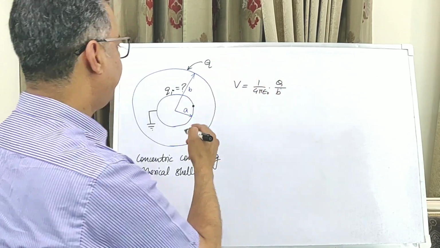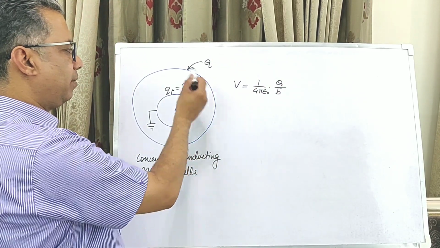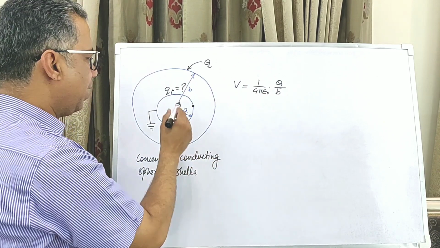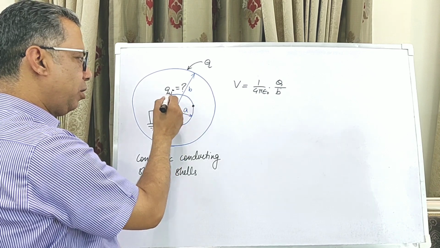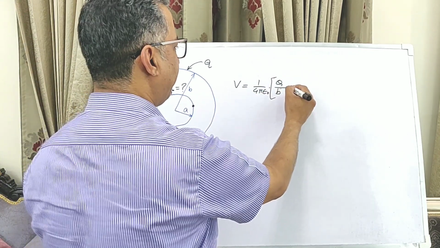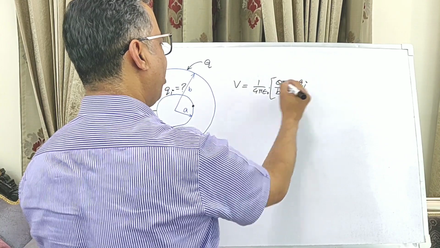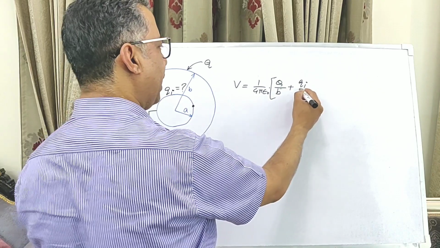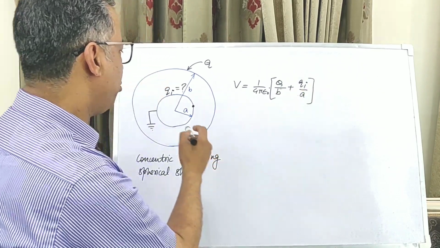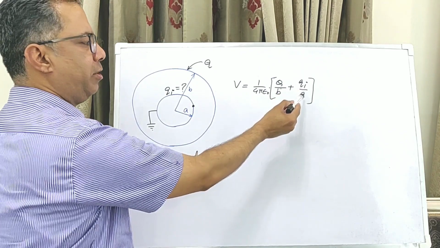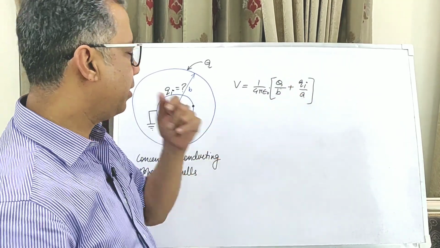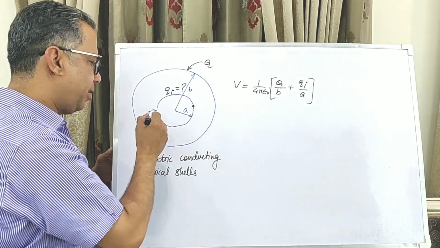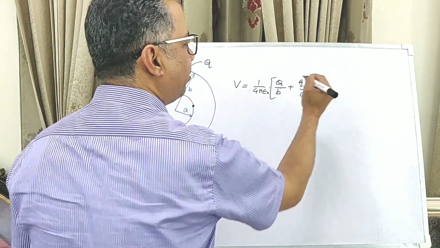So this should have been B. Potential inside this shell due to its charge Q, this is what we get. At the same point, potential due to this Qi will be 1 by 4 pi epsilon naught Qi divided by A, right? Potential on the surface of a shell due to its charge. So I'll use that result. And the sum of these two potentials, that is the net potential at this point, has got to be 0.